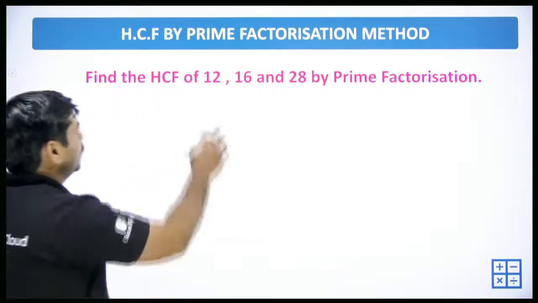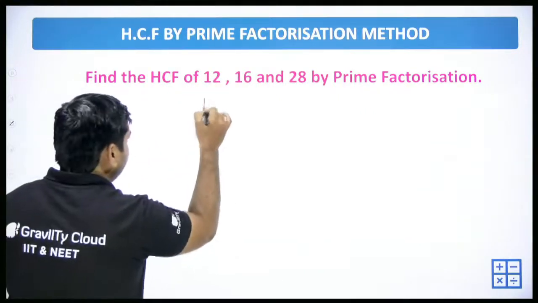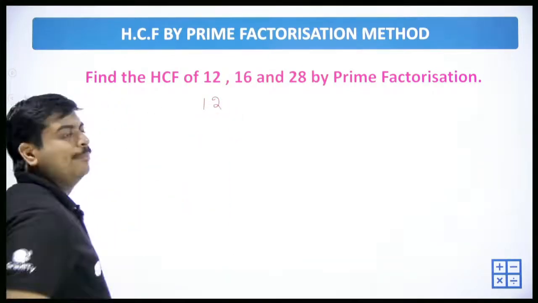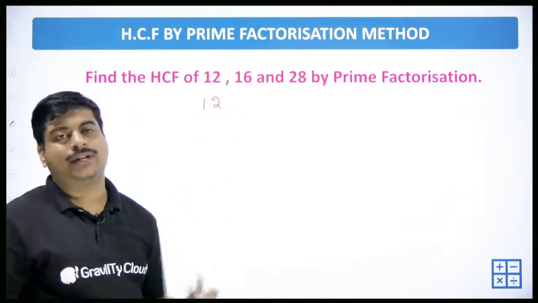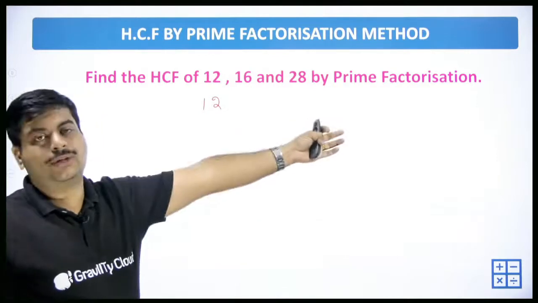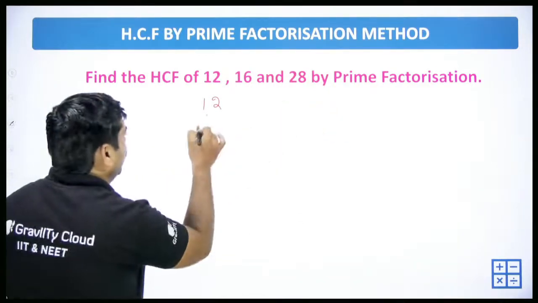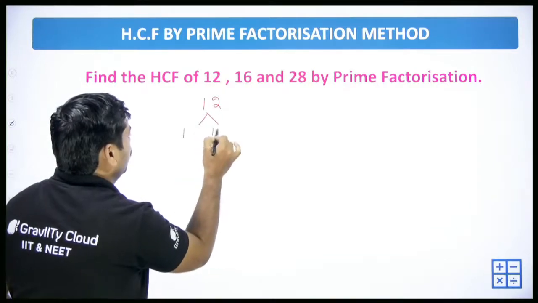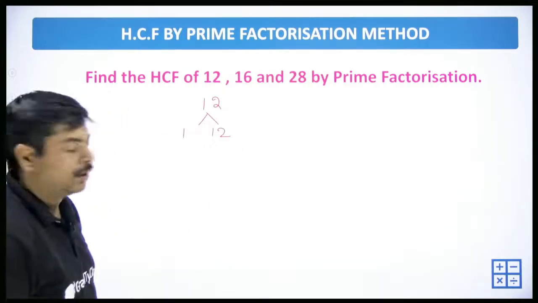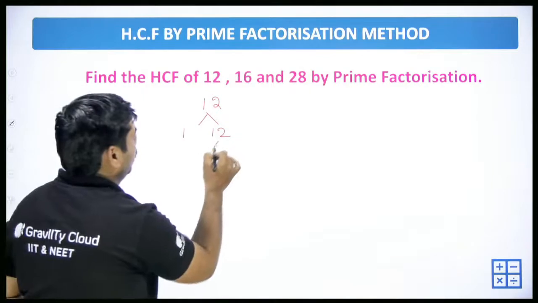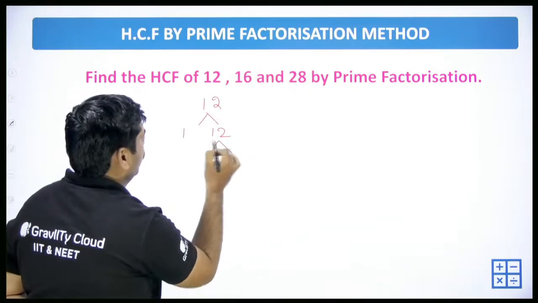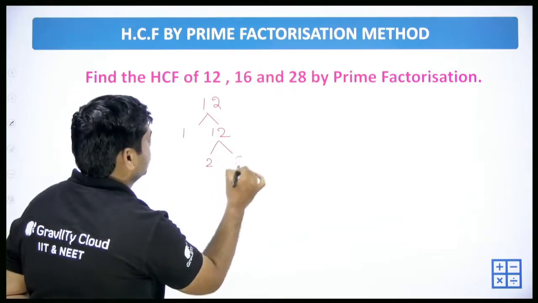Okay, so for the number 12, let me write the factor tree, and also I'll tell you the other method also. So for number 12, I can write 1 into 12, and the number 12 can be written as 2 into 6.